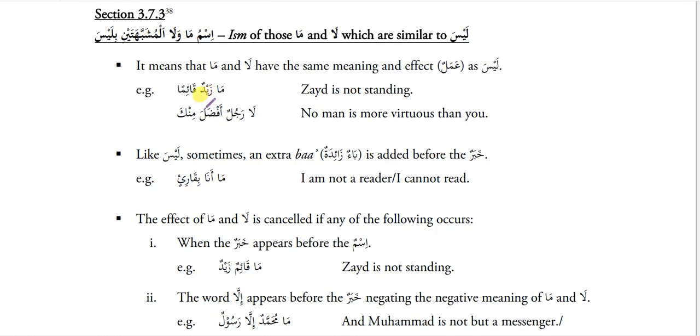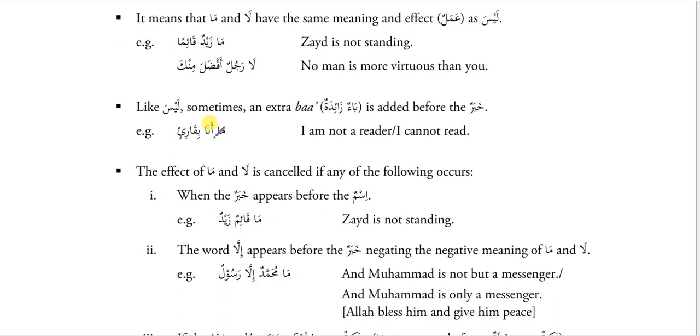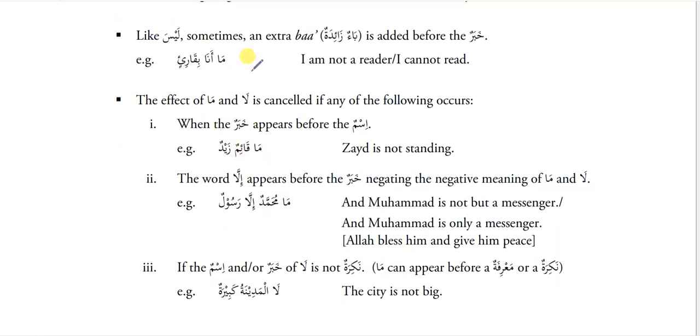La rajulun afzala minka, so la rajulun is its ism and afzala is khabar. Similarly, laisa, I already explained what laisa is. So sometimes ma acts like laisa. How? It gives harf jar on khabar similar to laisa.